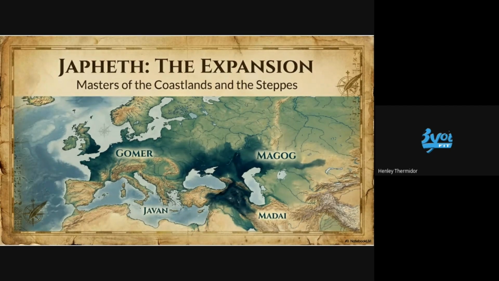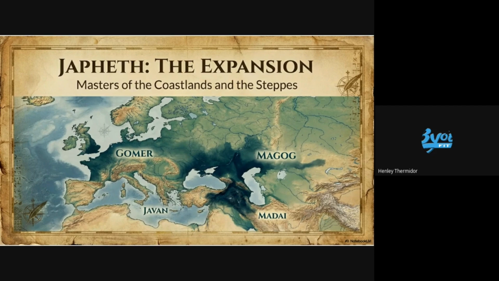Madai was the father of the Medes and the Persians. Okay. Now we get to Meshech, who was the father of the Slavic people. And we have Javan, who was the father of the Ionians. The Ionians further evolved into what we know today as the Greeks. Okay.